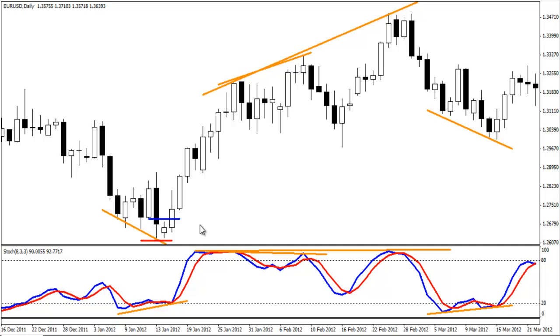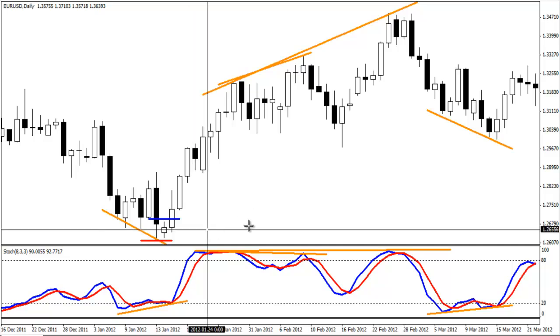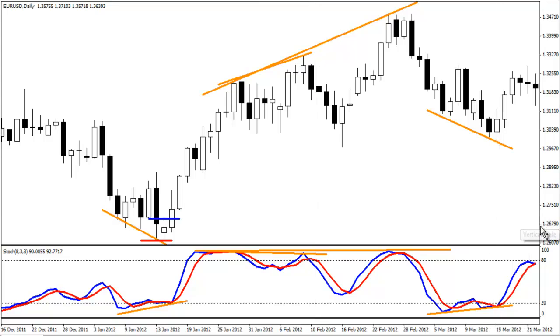Now, 0.1% of price sounds particularly complex. However, all you need to do is read the first 2 numbers from the price of the currency. So in this case, the euro dollar at the time was 126, 127-ish. We can see the first 2 numbers, the 1, 2, gives us 12.